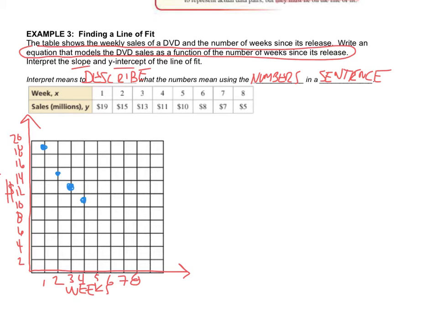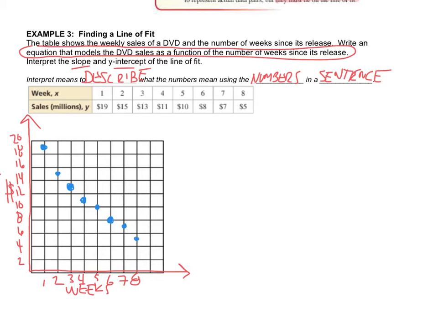Right now it looks like it's in a pretty good straight line. (5, 10). (6, 8), (7, 7), and (8, 5). So it's definitely not a straight line, but to be honest, it's really not that far off.